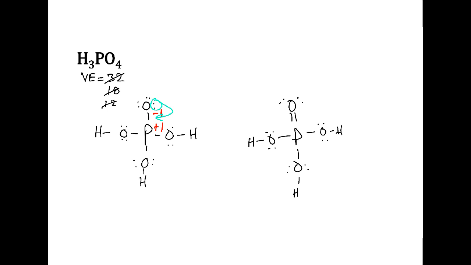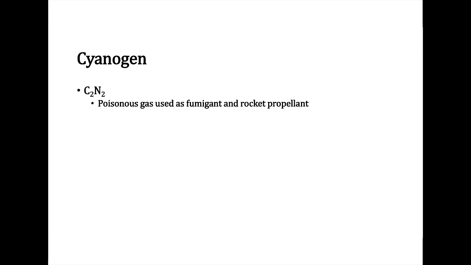All right, let's try a few more examples. So we have a poisonous gas here used as a fumigant and rocket propellant, cyanogen, C2N2. So as we look at this, let's go ahead and start out by figuring out how many valence electrons we have. Well, each carbon has 4, so that's 8, plus 10 from the 2 nitrogens, so we have a total of 18.